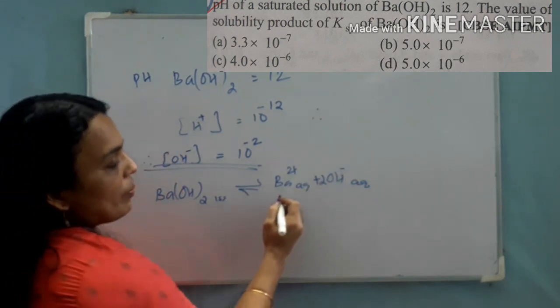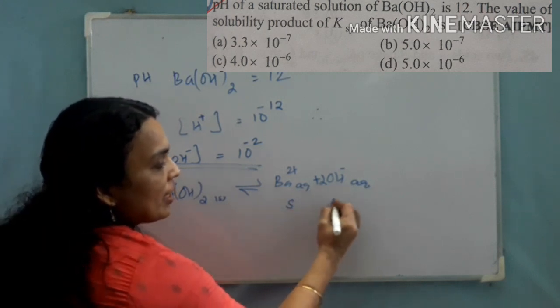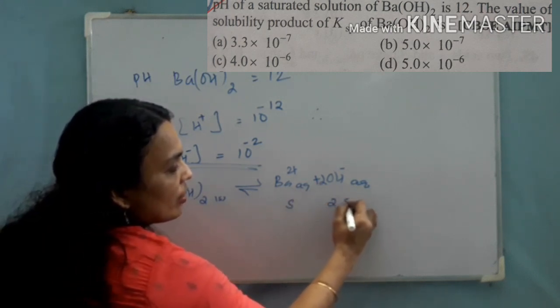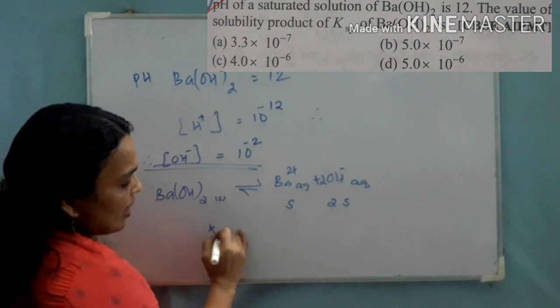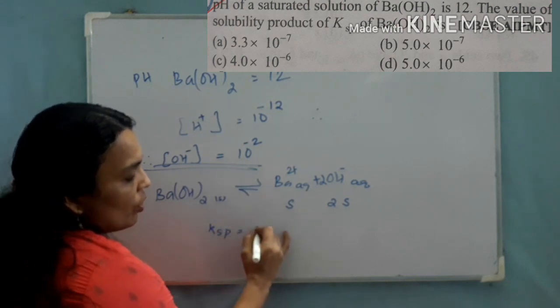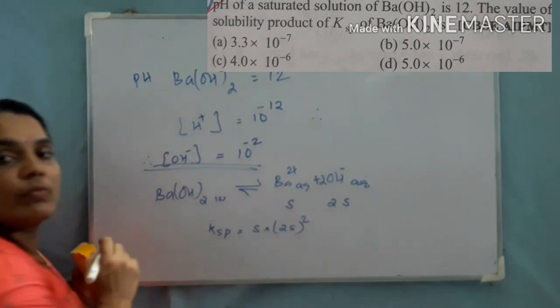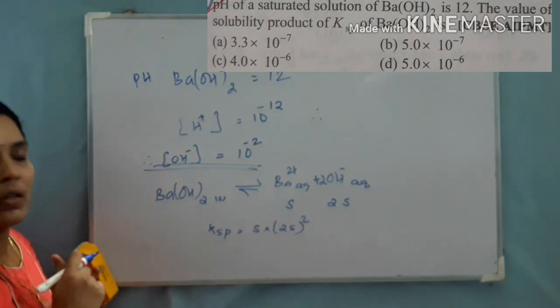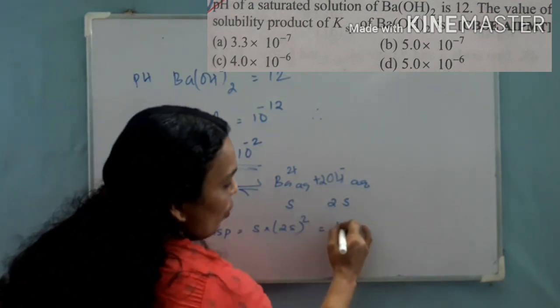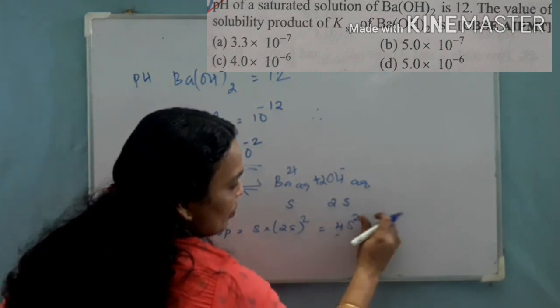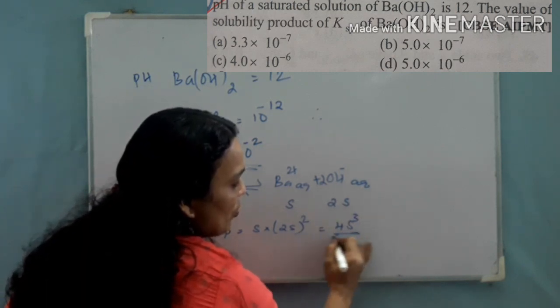So for solubility product, let S be the solubility. KSP is equal to S into 2S whole square, that is equal to 4S cube.